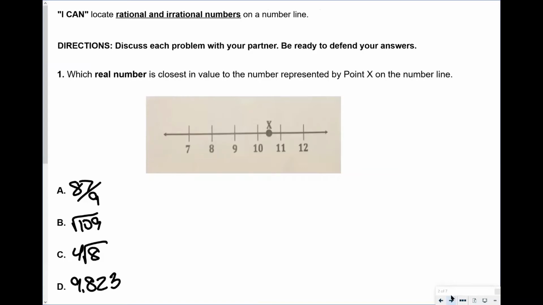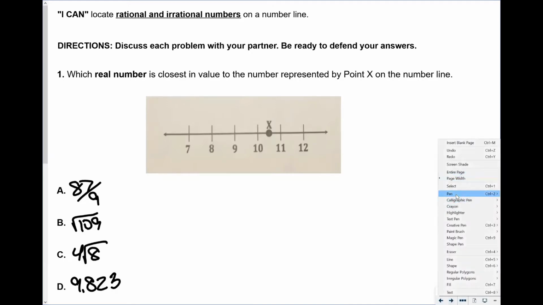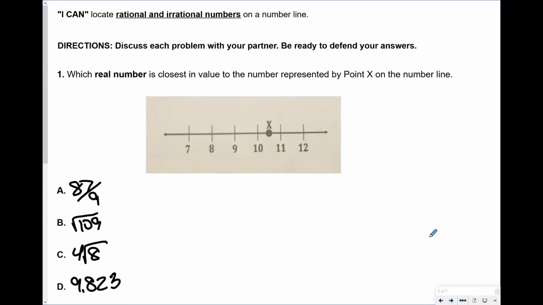So, number 1, and make sure you copy this down. Which real number is closest in value to the number represented by point X on the number line? And then we have choices. Let me change my pen color to blue because that's my favorite color.